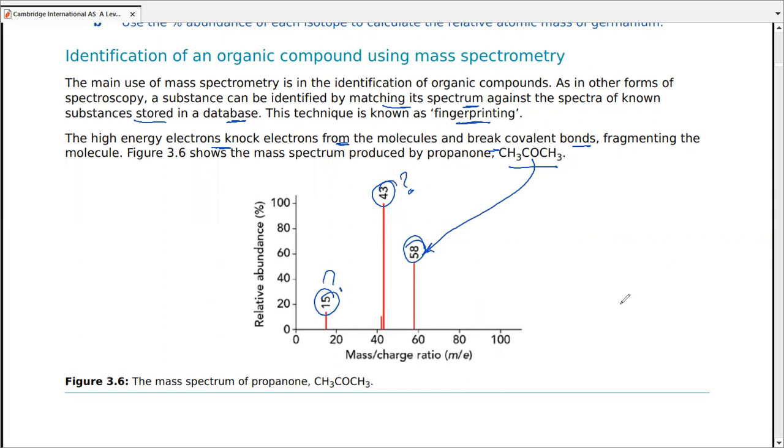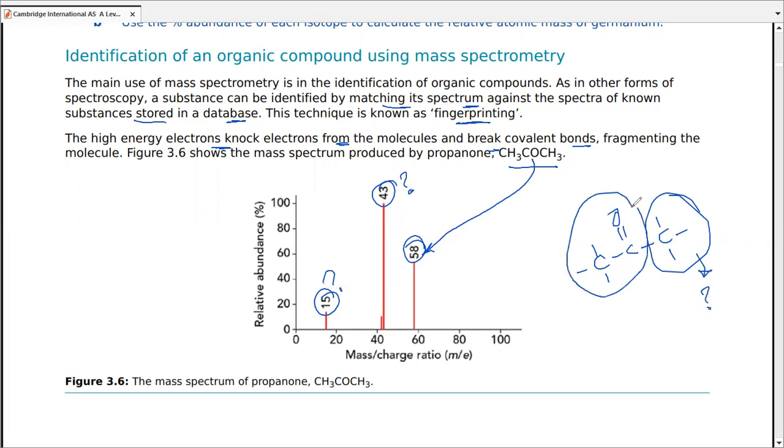One might think. Now, take a look at the structure. It works like this, right? These two ends are the same. If you break one of them off, what is this up to? And what is the rest of this up to?